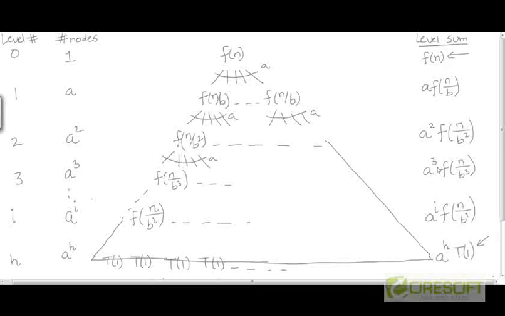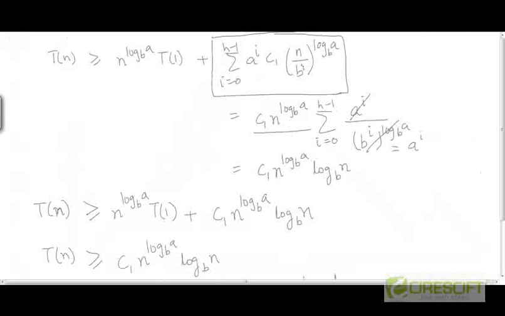What is a to the power I times f of n by b to the power I? Well, we saw that it simplified to c1 times n to the power log of a base b. It will simplify to some constant multiple of n to the power log of a base b, assuming that f of n is some constant multiple of n to the power log of a base b.